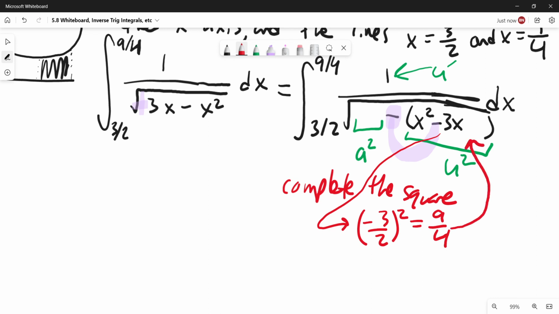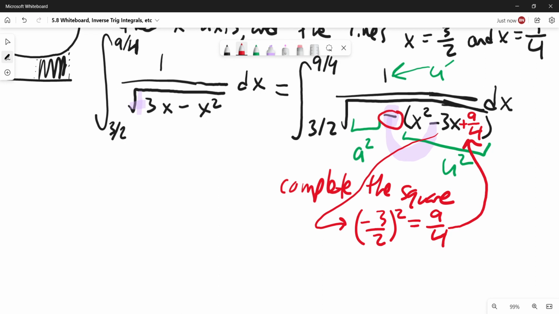You're going to have to be real careful. So plus 9/4. Right, I can't just come in and just add a 9/4. In fact, what I really did, again, think back to when we completed the square back in 10th grade, when it was like transforming to vertex form, that kind of deal. I didn't actually add 9/4. I actually subtracted 9/4 here.